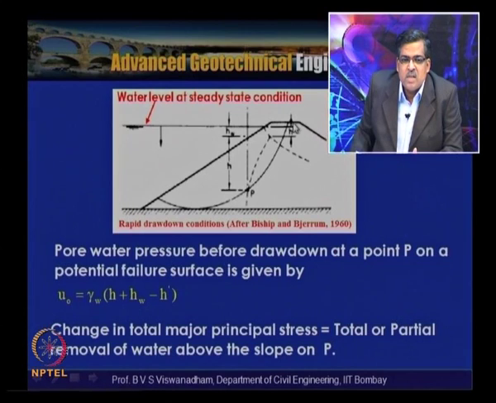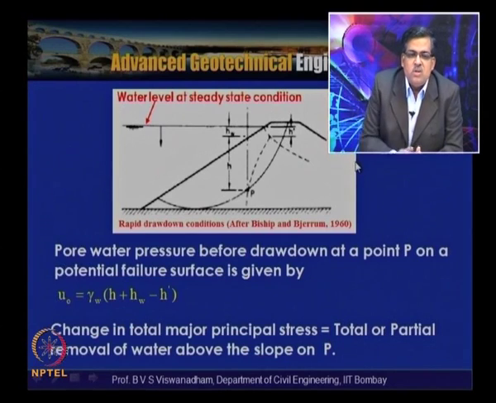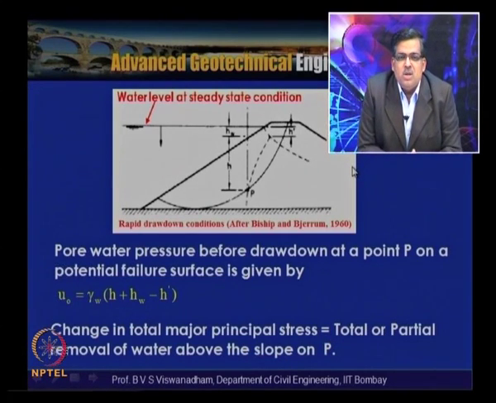So U naught is equal to gamma W into H plus HW minus H dash. Now it is easily assumed that the change in total major principal stress, due to the soil slope, is equal to the total or partial removal of water above the slope.